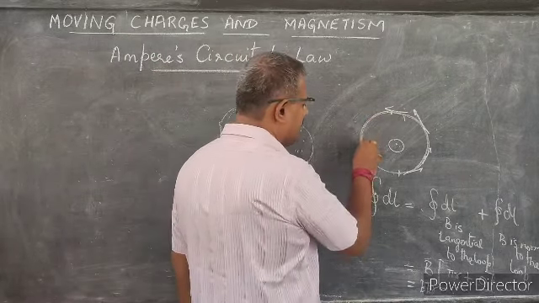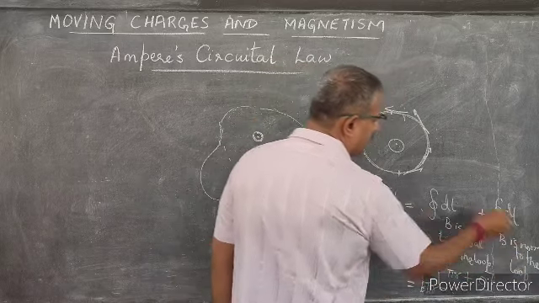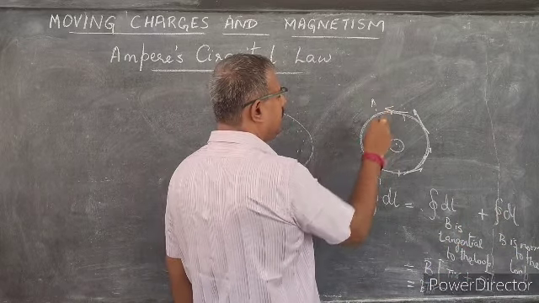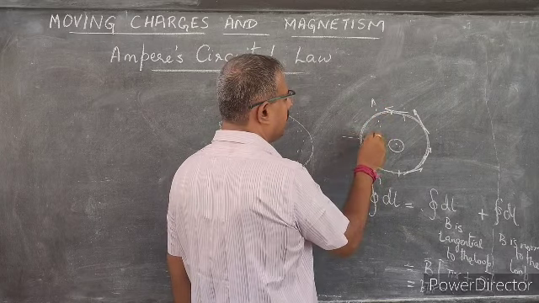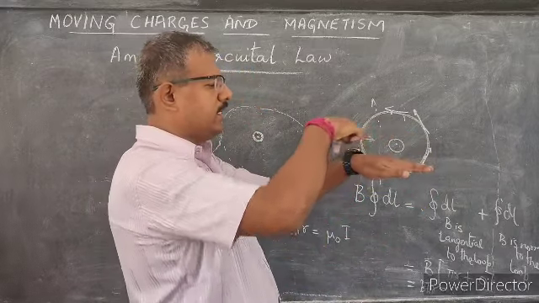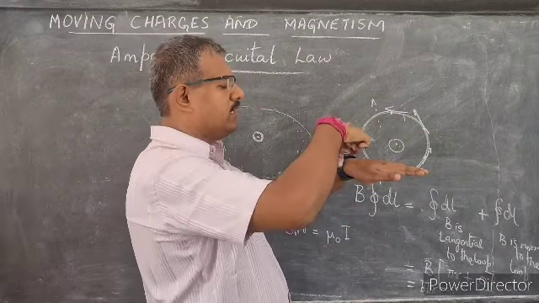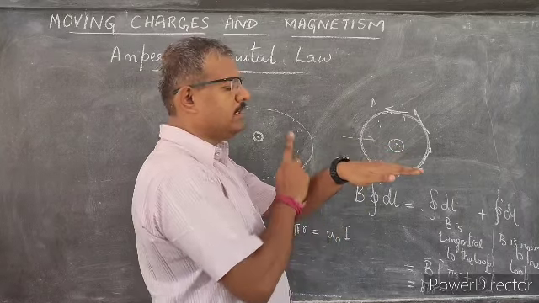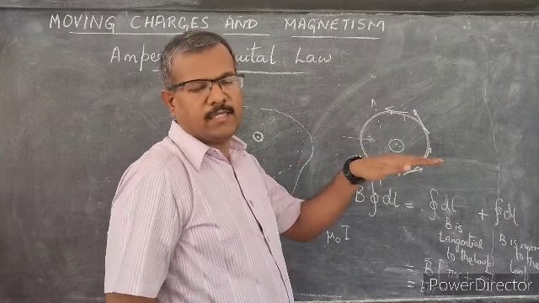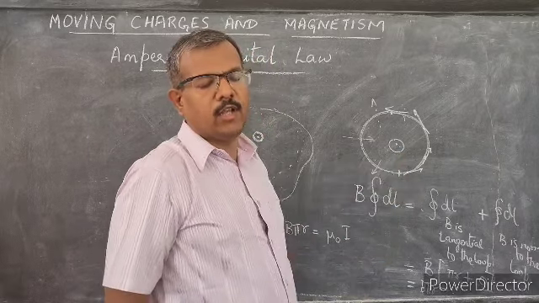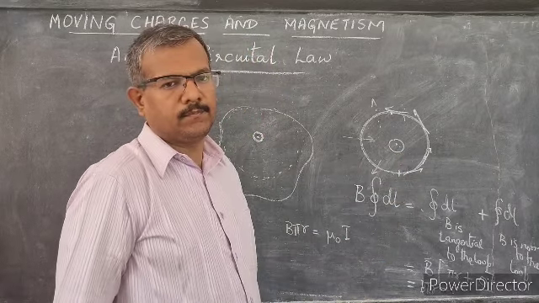So the rest of the semicircle, this half, which corresponds to this part, it is normal, which means B is either going in or coming out. So if this is my second half of the circle, then B is normal to the boundary of the semicircle. So this is how Ampere's Circuital Law has to be applied.